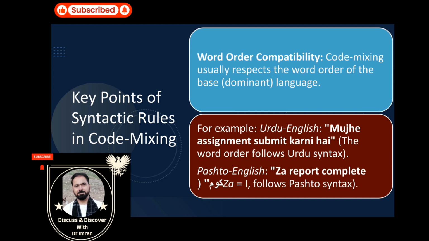Similarly, if you are speaking Urdu, and instead of saying "mujhe assignment submit karni hai", you say "I have to submit an assignment", you will follow the English language. You will say, for example, "I have to jama an assignment".